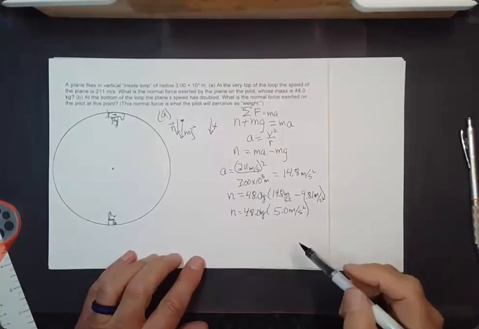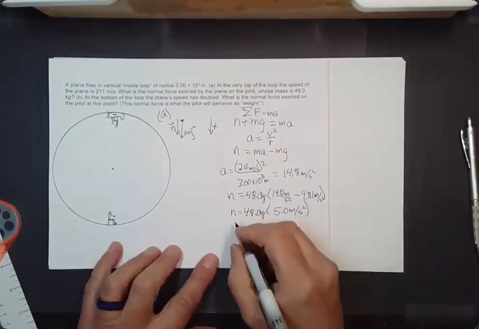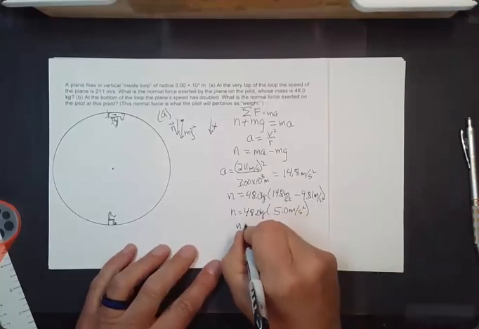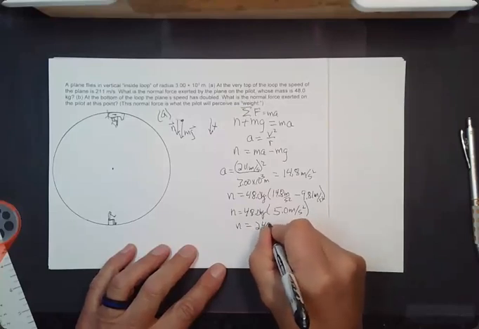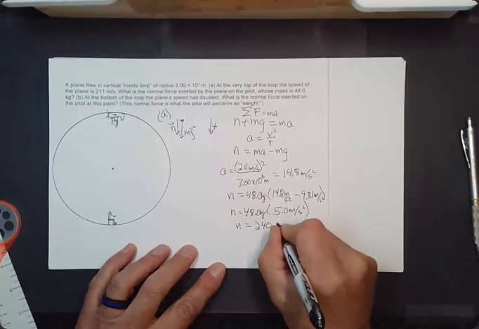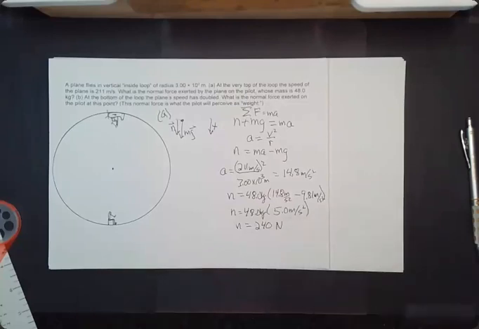And so 5 times 40, that's 240 newtons. Yeah, and we're down to 2 significant figures here.